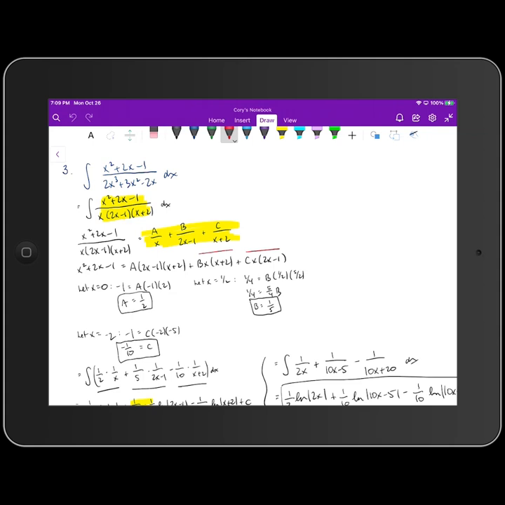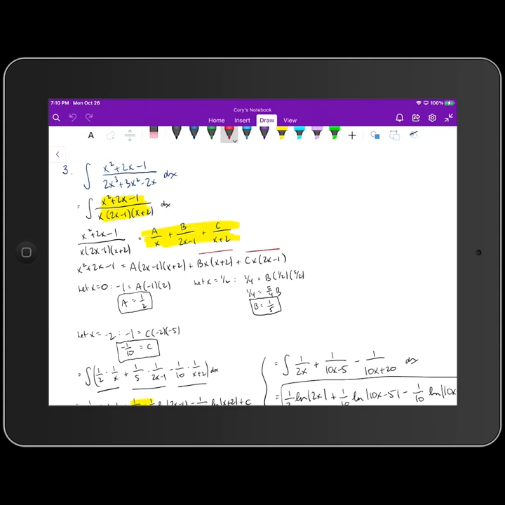Now, what makes this different from the example we looked at in class is you have an x on the left-hand side of your equation. So you have to plug 0 in the place of x on both sides. So when we do that, the left-hand side becomes -1. And then that first term on the right-hand side is going to become A times -1 times 2, which gives you -1 equal to -2A, which makes A equal to 1/2.